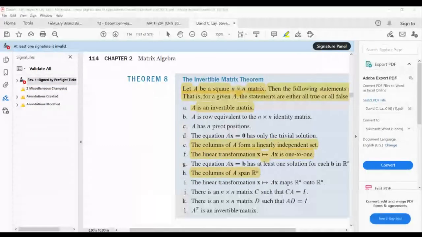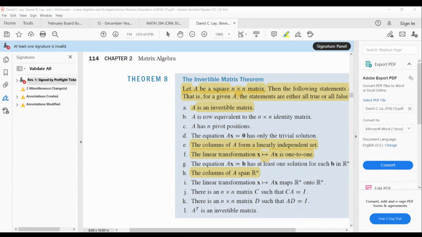Just give me a moment here. Okay, chat it out to me if you can see it now okay? The theorem, wonderful, thank you.